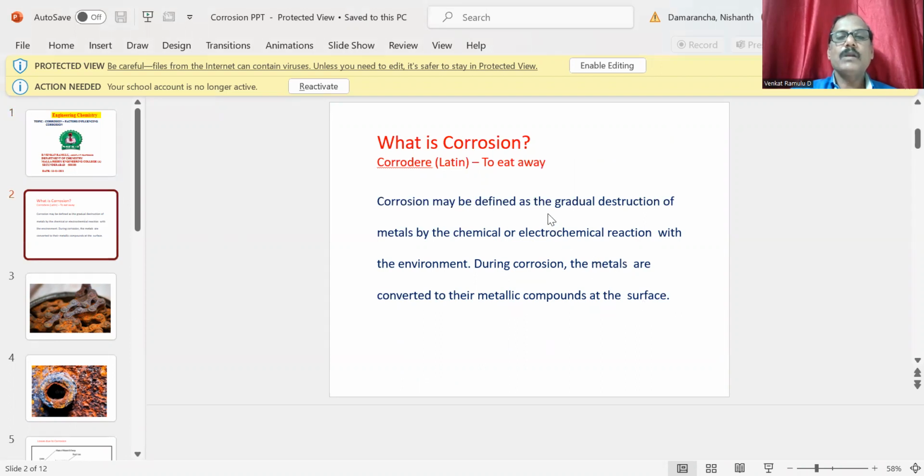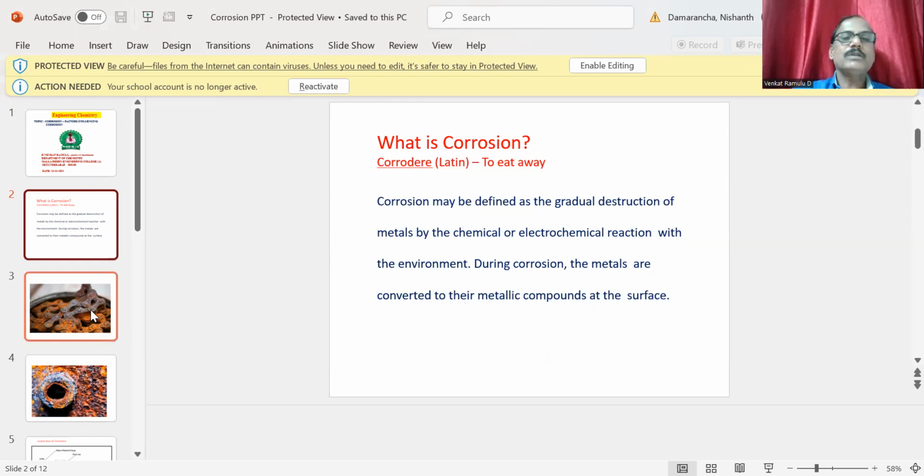So, simply, corrosion is the decay or destruction of the metal, taking place by chemical or electrochemical attack of its environment, and always at the surface of the metal. So destruction, decay, or damage of the metal is simply called corrosion. This is caused by two types of attacks, chemical attack or electrochemical attack.